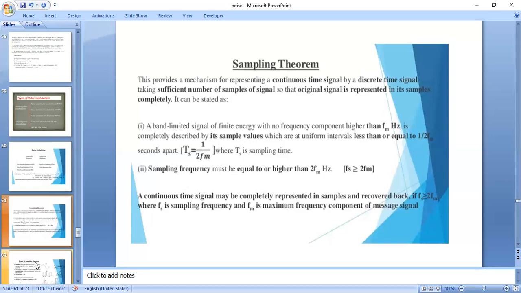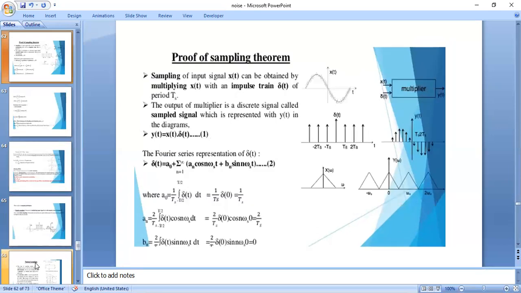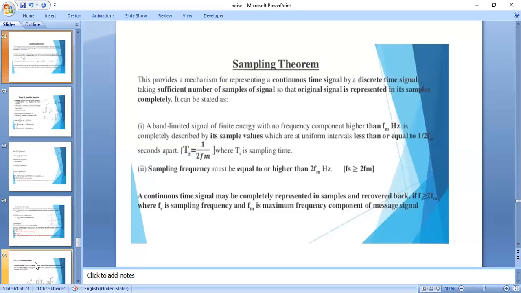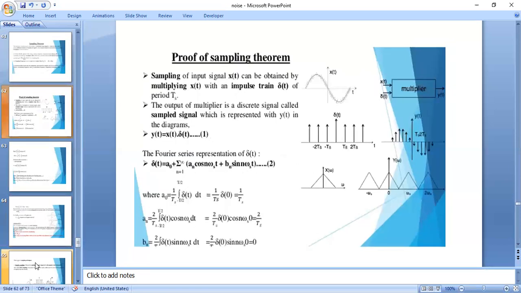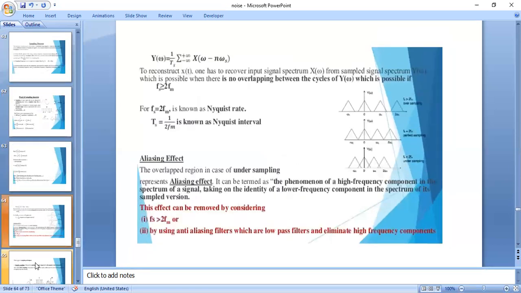For example, if we consider fs less than 2fm, you will get the aliasing effect, that is, an overlapped spectrum. That is called undersampling. Aliasing effect is when a high frequency component in the spectrum takes the identity of a lower frequency component in the spectrum.